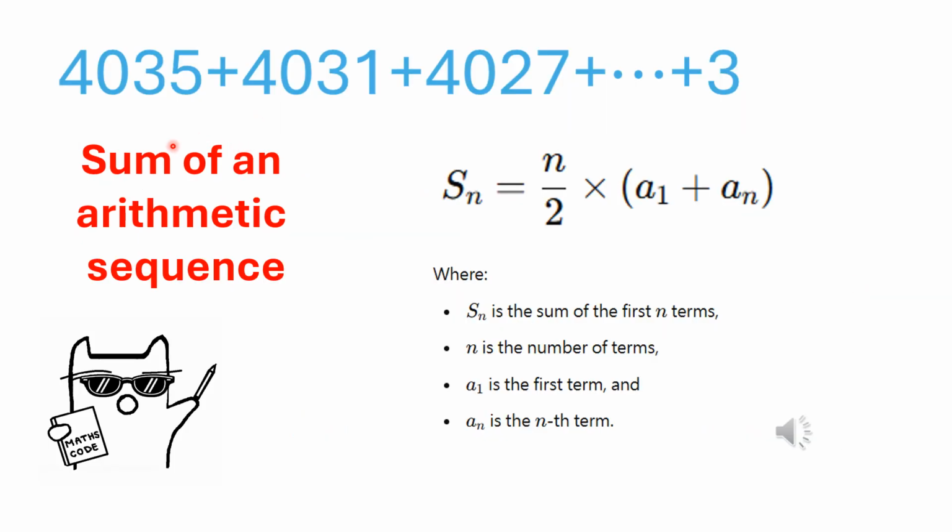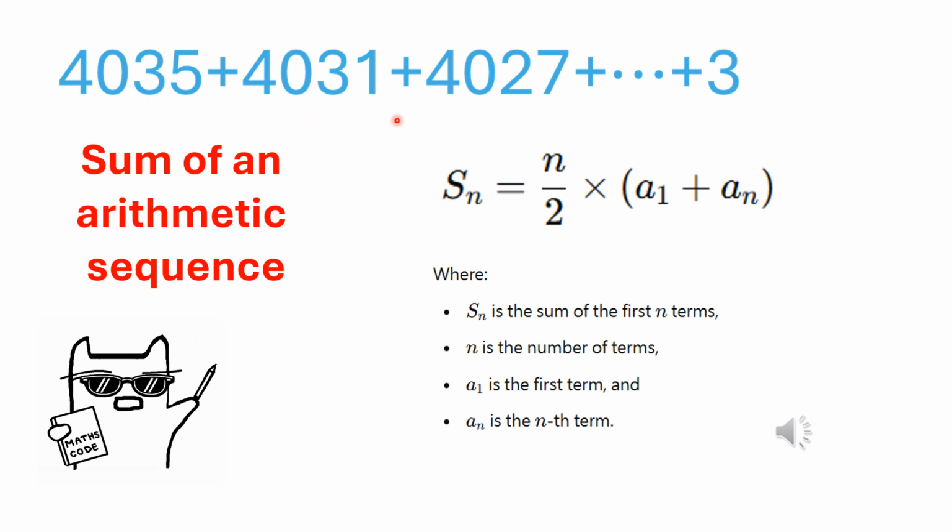To solve 4035 plus 4031 plus 4027 and so on, plus 3, we can apply the sum of an arithmetic sequence. The sum of an arithmetic sequence is the total of all the numbers in a sequence that follows a specific pattern. In an arithmetic sequence, each number is the previous one plus a constant amount called the common difference.